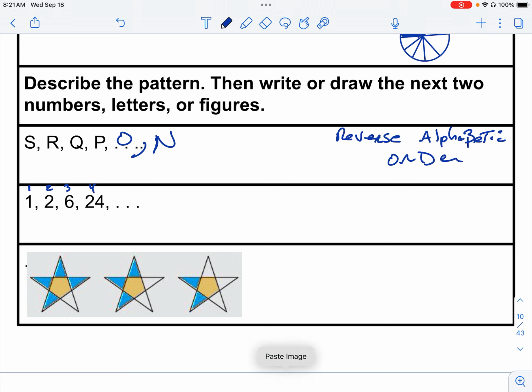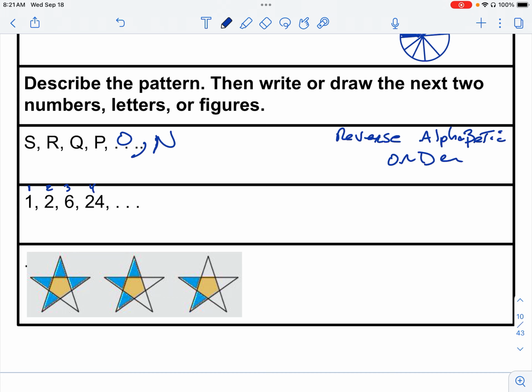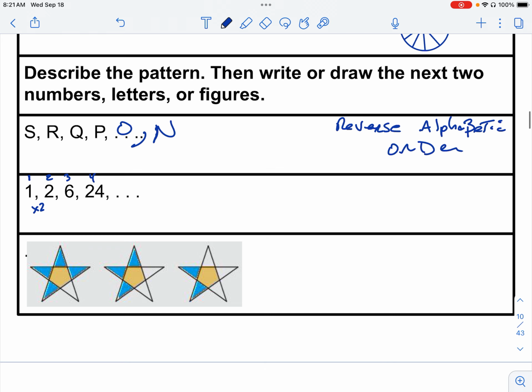That doesn't make any sense unless we're doubling it. So then we would add 8 to 6, but that's not 24. So if we go 1 times 2, we get 2. 2 times 3, we get 6. 6 times 4, we get 24.